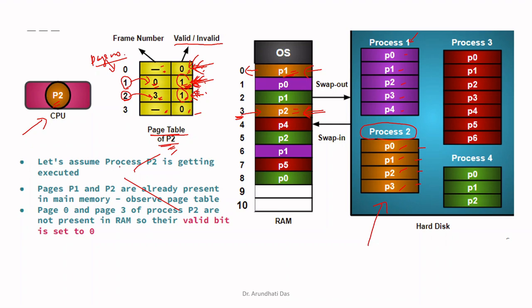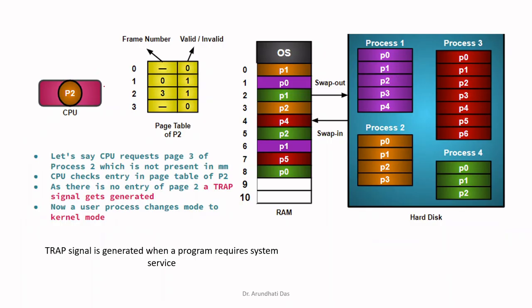Okay, so let's assume process P2 is getting executed, and pages P1 and P2 are already present in the main memory. Observe the page table: page 0 and page 3 of process P2 are not present in RAM, so their valid-invalid bit is also 0. Now, because P2 is still executing, suppose the CPU requests page number 3 of process 2.